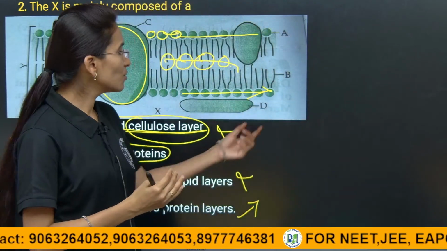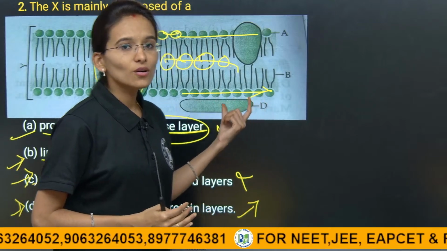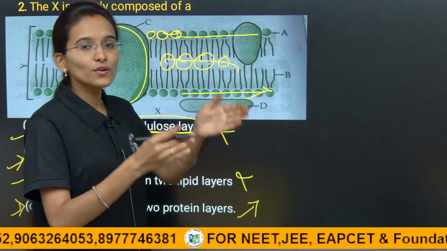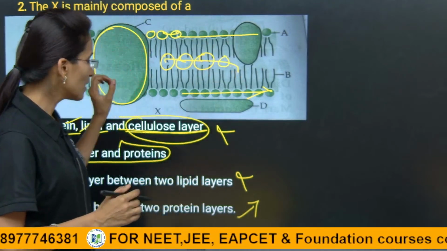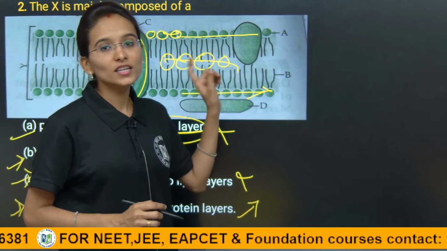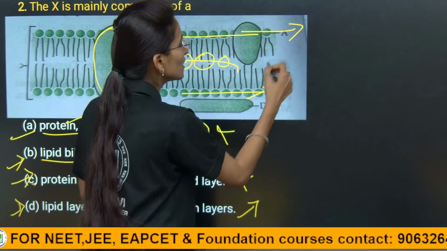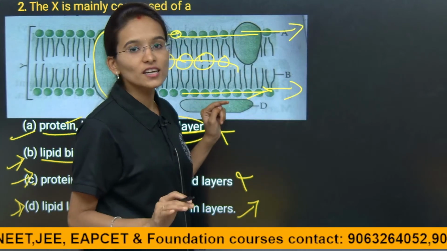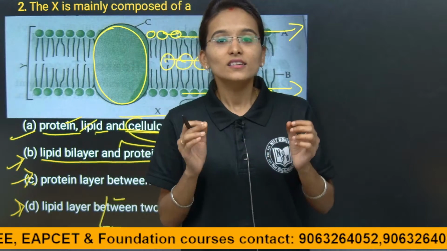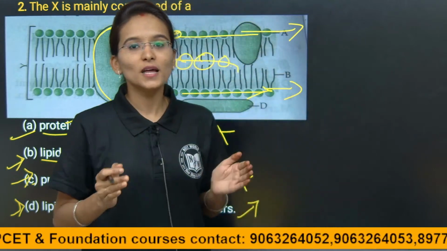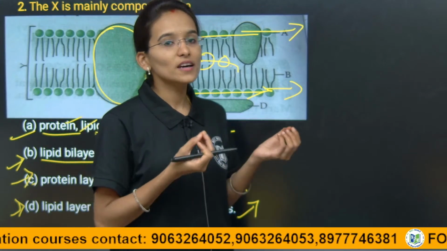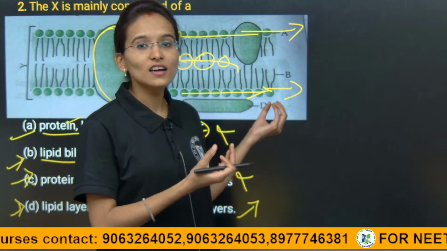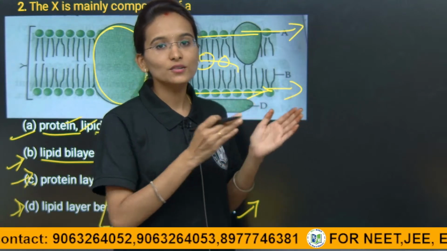Can you see two protein layers? No. The plasma membrane is itself made up of a phospholipid bilayer, but not in between two protein layers. We have two lipid layers, but not two protein layers. Proteins are just present, they span the plasma membrane, and are involved in transporting things from outside to the inner side.